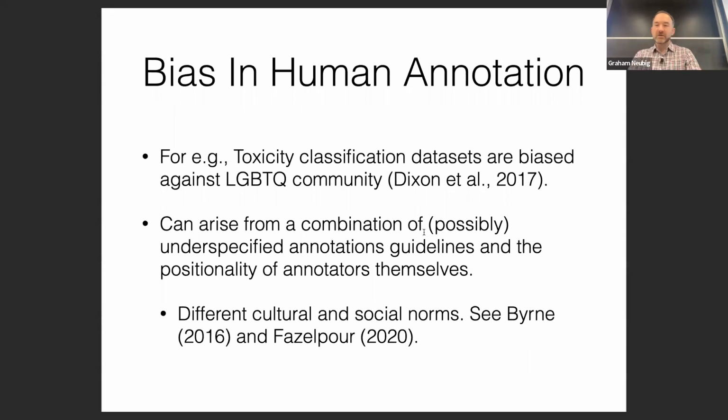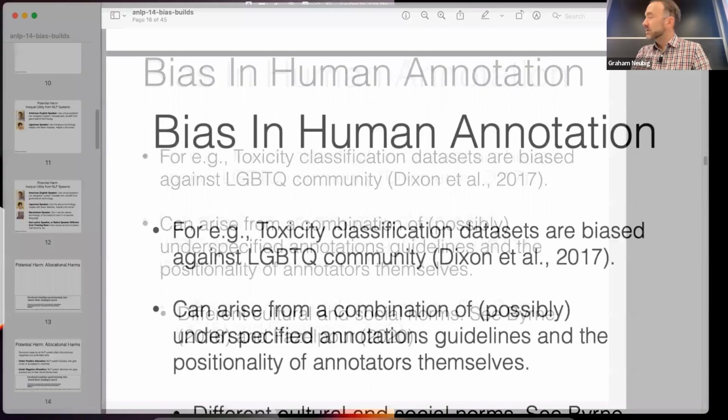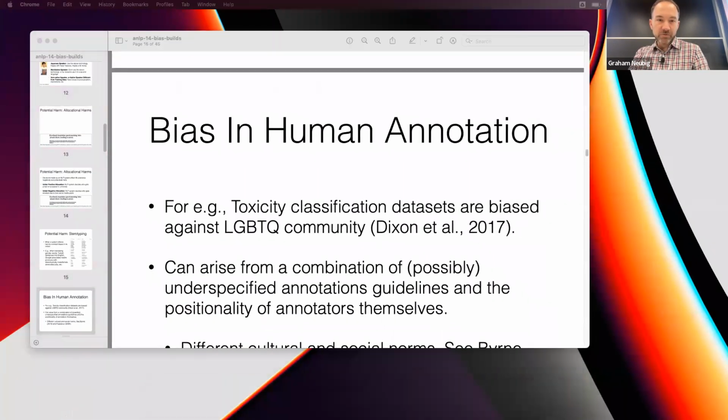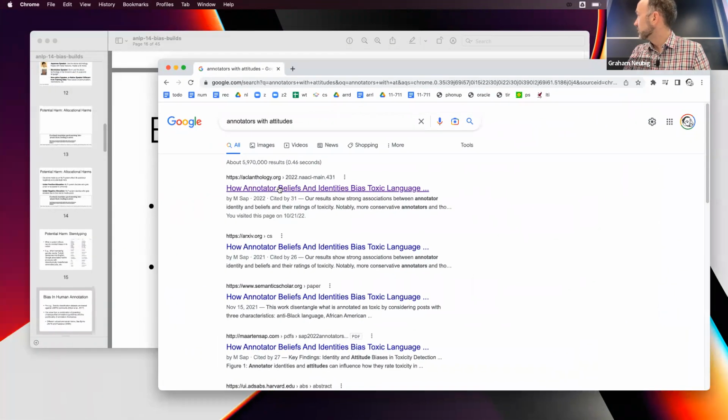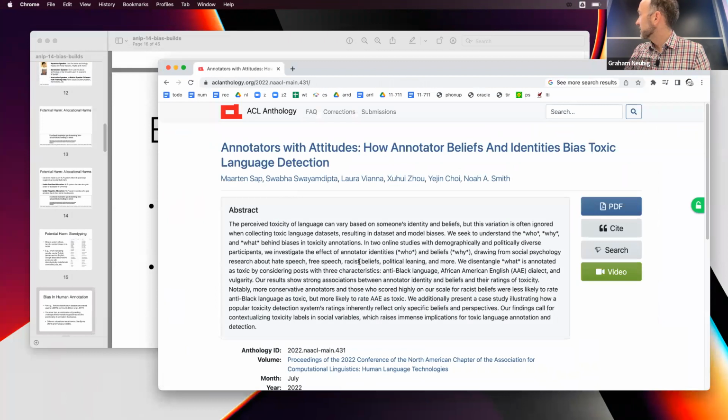There's actually a very nice paper, which I didn't have time to put in the slides. It's a recent paper by Maarten Sap, who's, as people know, a faculty member here. It's called Annotators with Attitudes: How Annotator Beliefs and Identities Bias Toxic Language Detection.